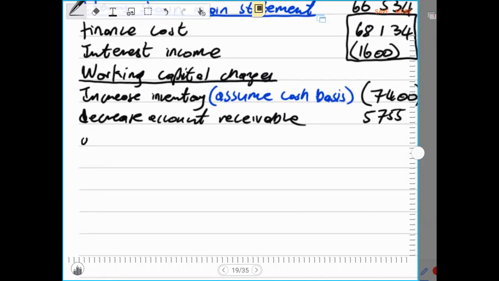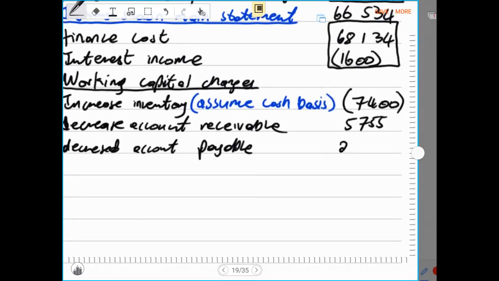Then we say decrease in account payables. Our account payables decreased by 23,075 rands, and that will be negative, indicating the outflow of cash.